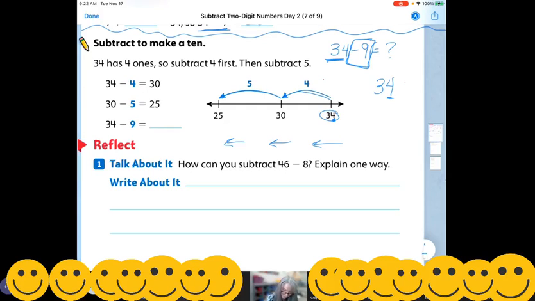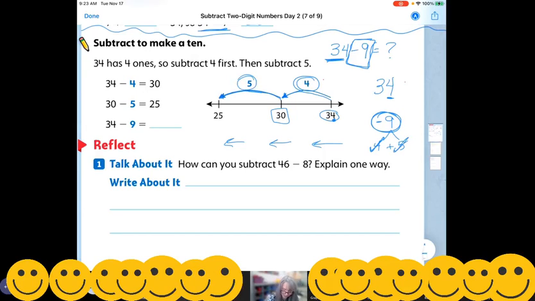And so that's what they did. They decided, I'm going to start at 34 and I'm going to take away 4 first to get me down to 30. So what they are really doing is they're taking the number 9 and breaking it up into 4 plus 5, okay? I need to subtract a total of 9. So first I'm going to take away 4, and I'm going to cross that 4 out. Then I can finally take away the 5, and there's the 5.